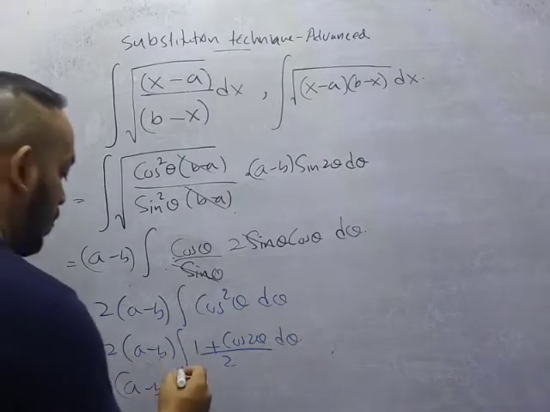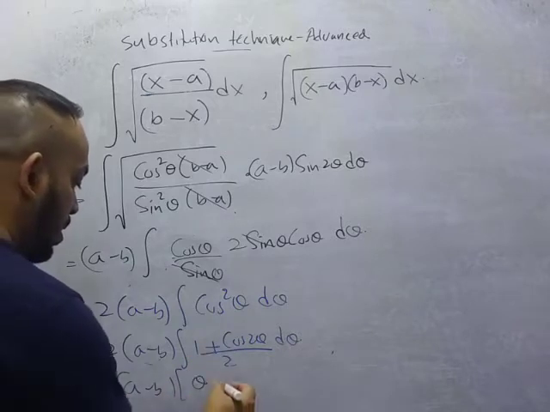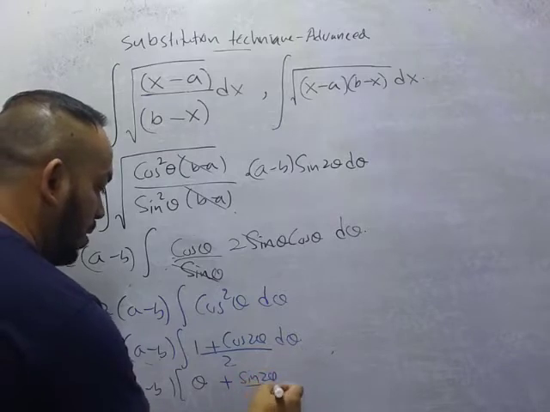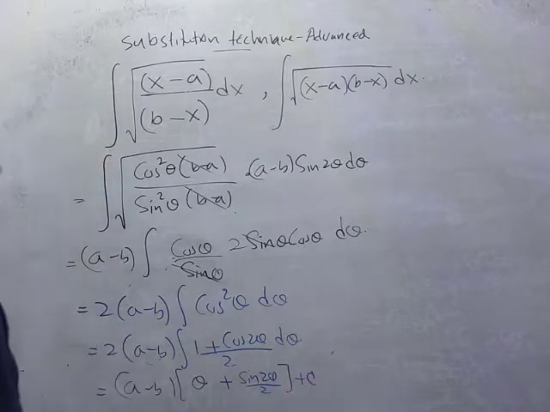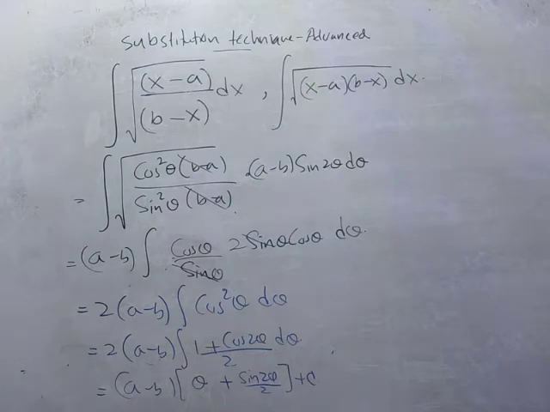When you integrate 1, you get theta. When you integrate cos 2 theta, you get sin 2 theta divided by 2, plus the integration constant. Now we have to replace theta and sin 2 theta divided by 2 in terms of x variables. Now let's do that.